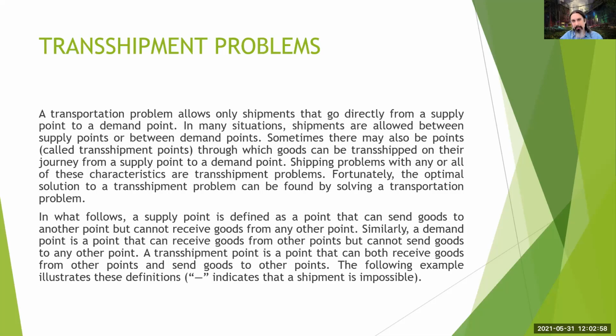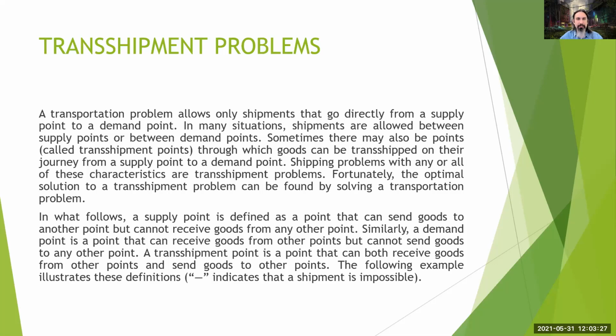Or Ankara might have a supply instead of a demand. So you stop by Ankara, take more goods and bring them all to Hakkari, for example, or vice versa. You can start from Hakkari, go to Ankara, and then to Istanbul. Doesn't really matter. But the point is, any one of your demand points can become a supply point, or any one of your supply points can become a demand point, which will only make the question more complex.